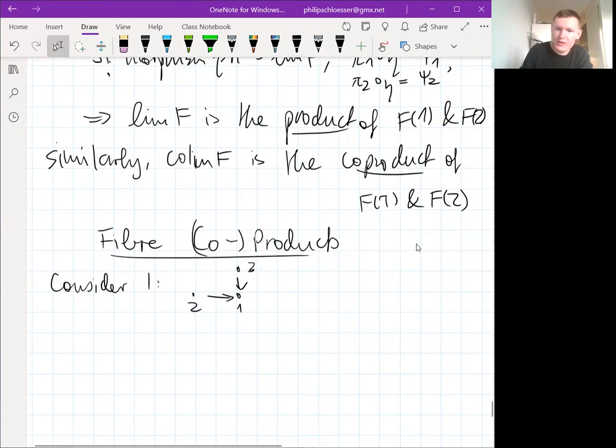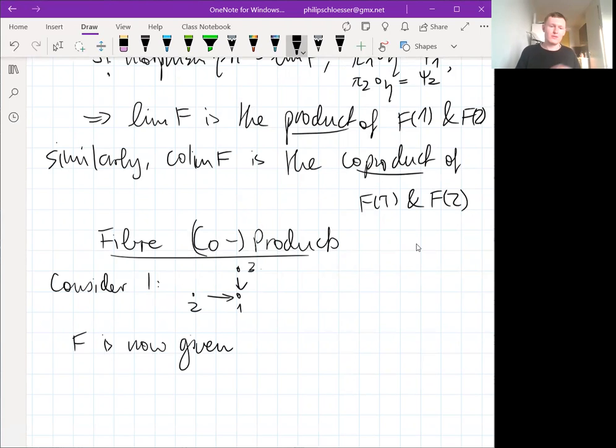What does a functor do now? F is now, okay, we have three objects. So we have F1, F2, and F3.